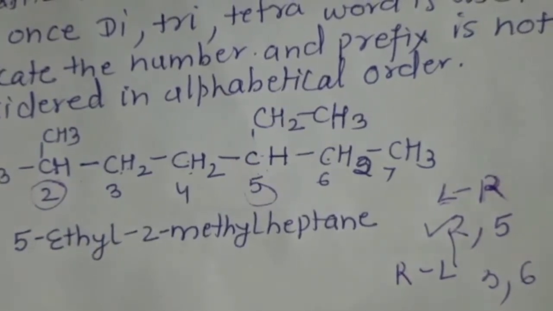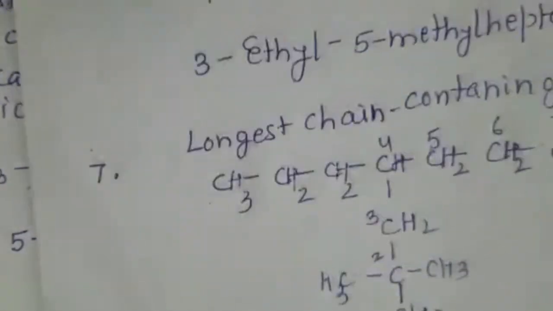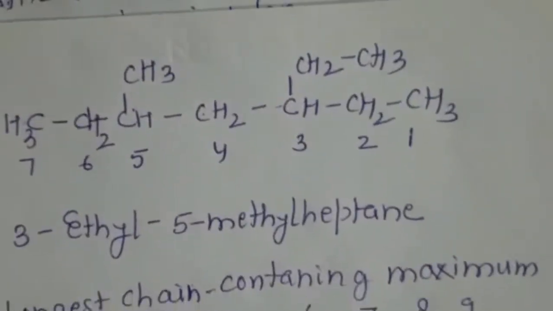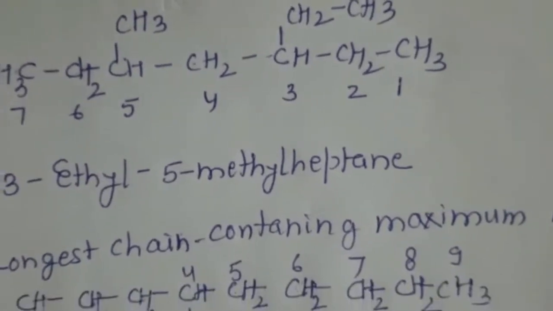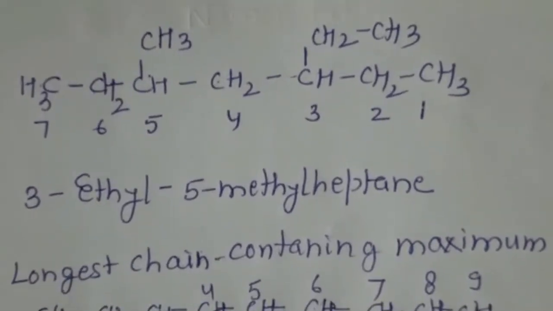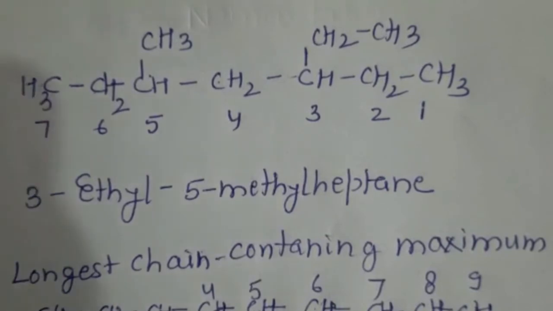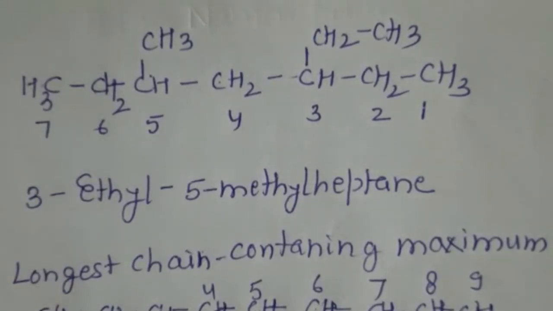Now let us take another example. Here there is an example. This chain also contains 7 carbon atoms, 1, 2, 3, 4, 5, 6, 7.